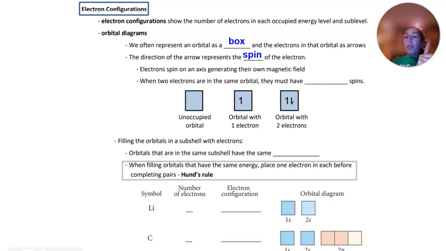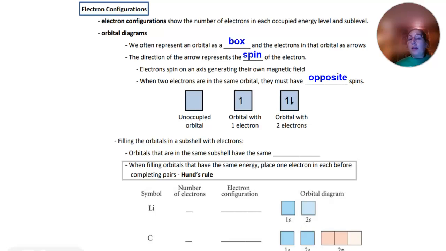Now, if you get a third electron in there, it'll invariably have the same spin as one of the first, and it'll be repelled. So electrons do spin on this axis, generating their own magnetic field. And when two electrons are in the same orbital, they've got to have opposite spins.